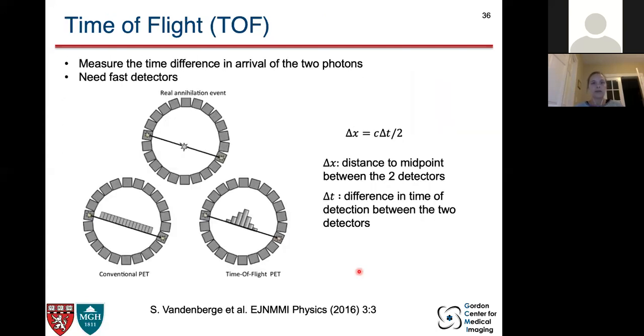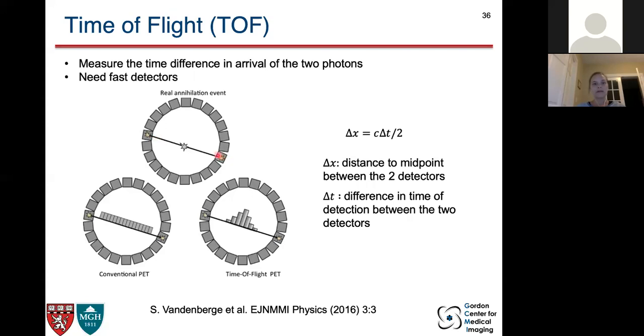So in addition to depth of interaction, time of flight is another thing. That's a way of improving the image quality, using the time of flight information. This is based on measuring the time difference in arrival of the two photons. We say that they arrive simultaneously, but if the event took place closer to this detector, that gamma will reach this detector before this gamma reaches that detector.